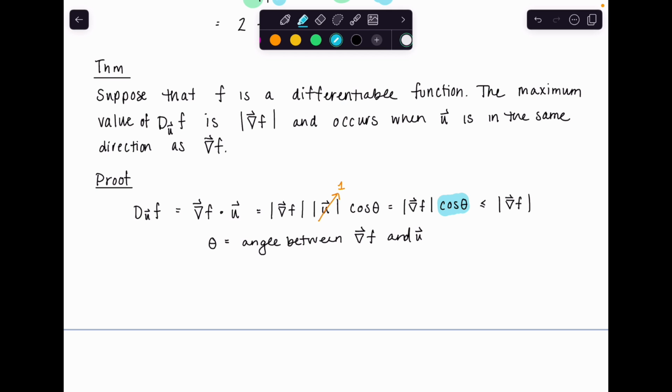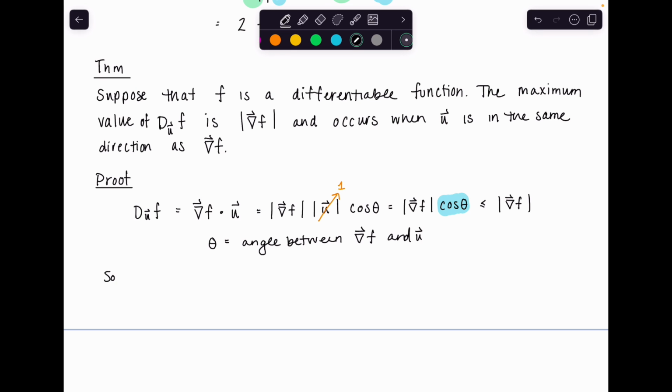When it equals that maximum, it means that cosine of theta has to equal 1 exactly. So the value of theta is 0. That means the angle between the gradient vector and u is 0. So they point in the same direction. So this one line tells us everything we need to know.